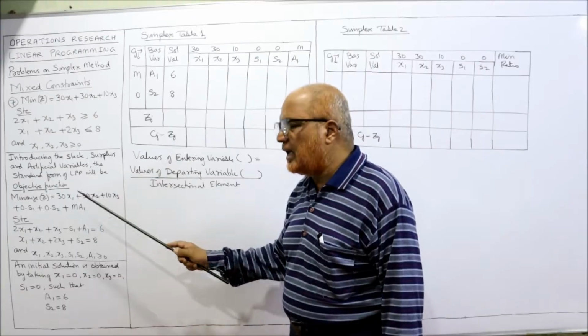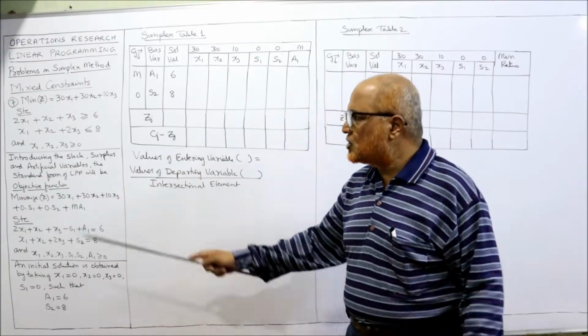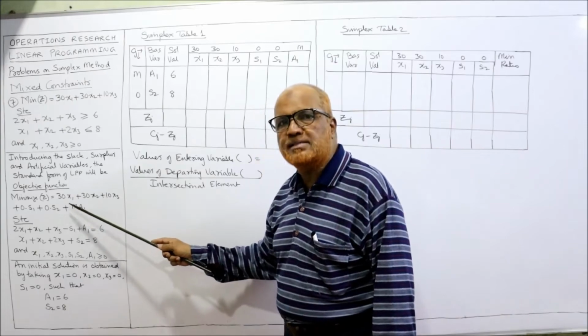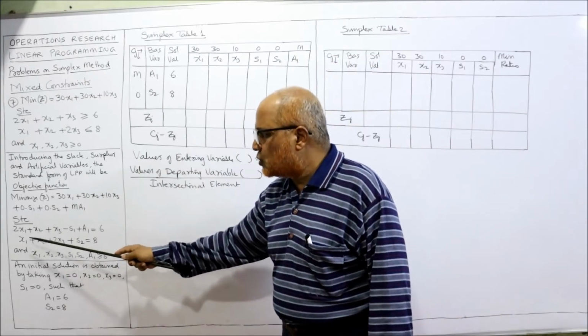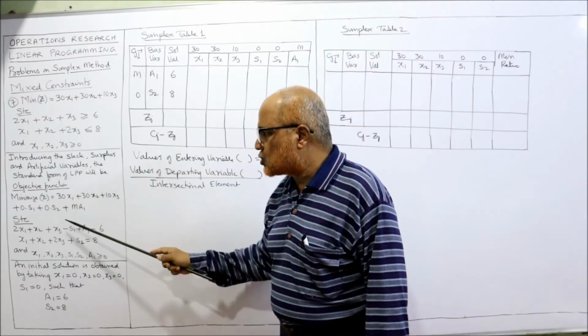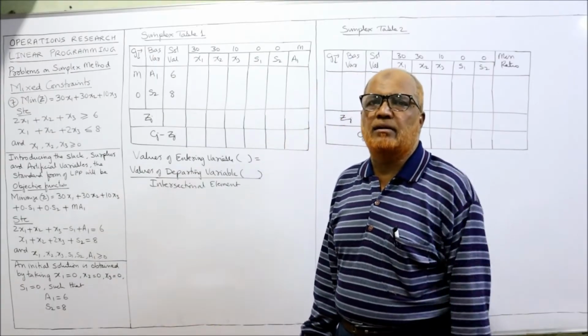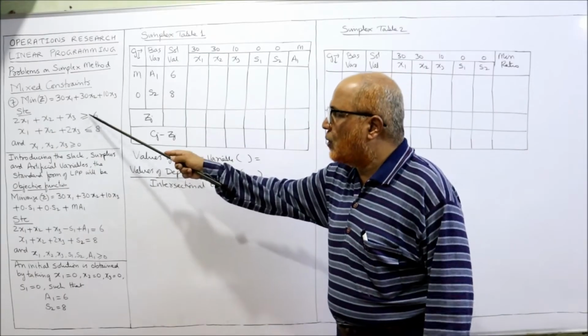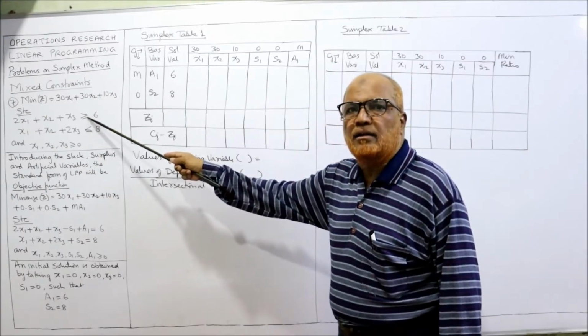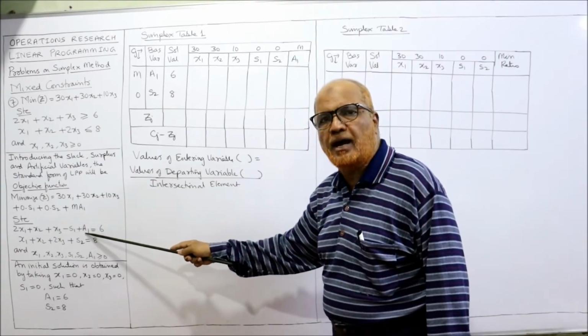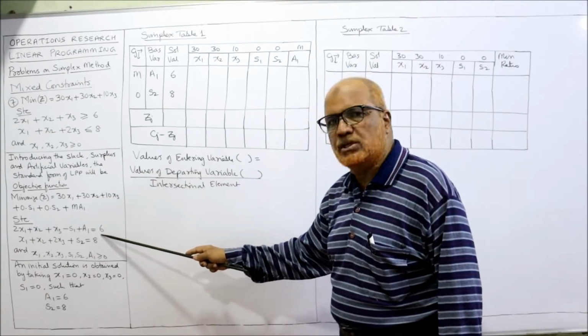So plus MA1, since in a minimization type problem we add M A1. Now subject to constraints: 2x1 plus x2 plus x3 minus s1 plus a1, because the inequality is greater than. When the inequality is greater than, minus surplus and add artificial, is equal to 6.